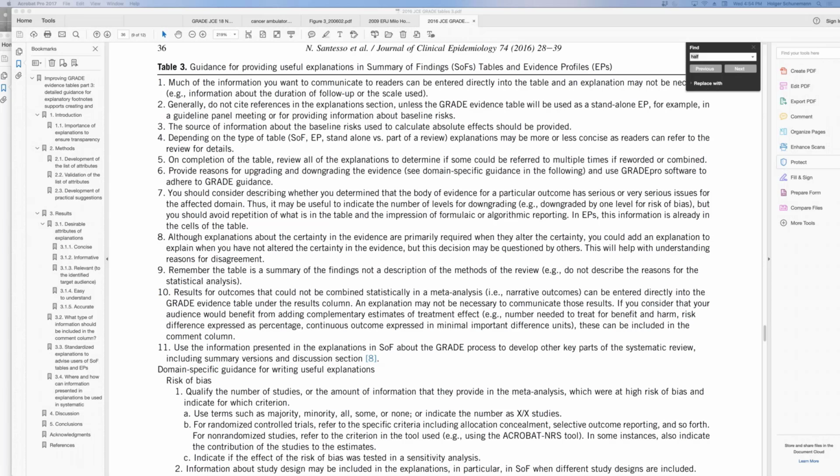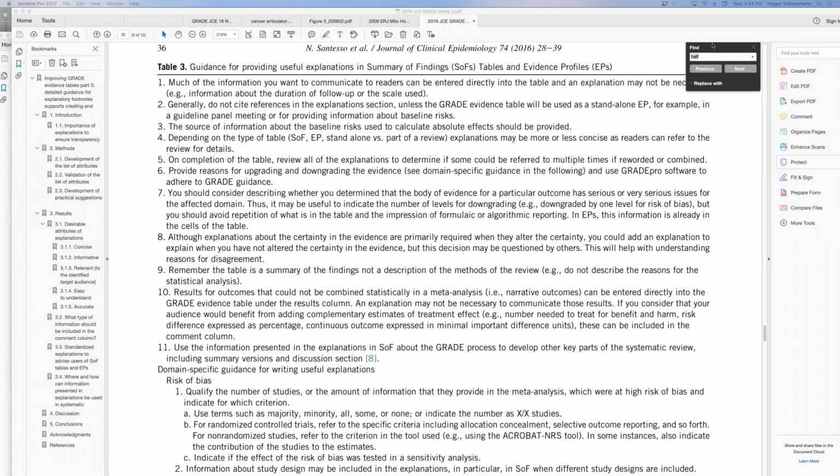We have taken a very close look at their approach, and we have noticed some fundamental differences when compared to the GRADE working group guidance, which could potentially lead to some important differences in the assessment of the certainty of the evidence. And therefore, although of course I'm biased, like I recognized in my conflicts of interest, I believe that following GRADE guidance is more likely to lead you to a better assessment of certainty of the evidence than when you put things in a software and you do it through a more algorithmic approach.